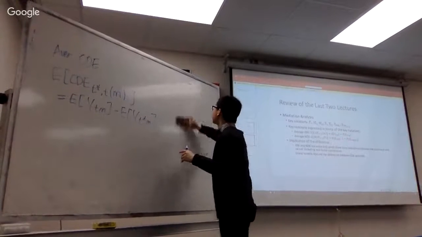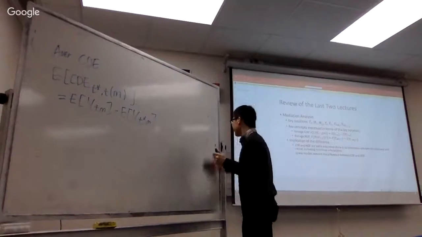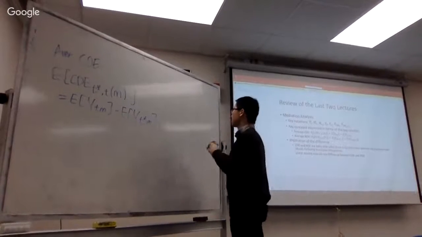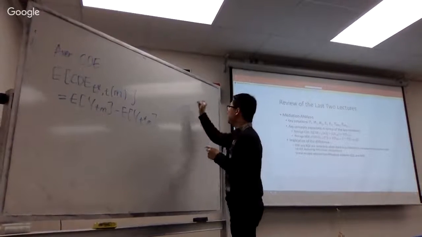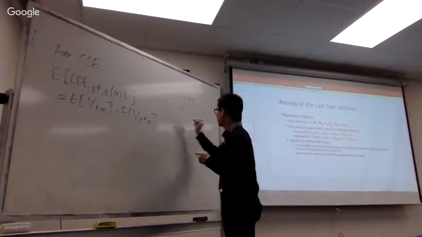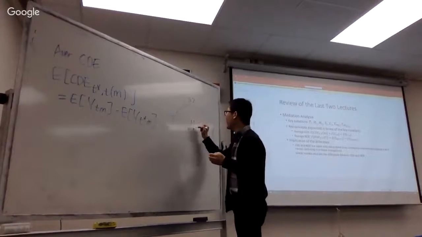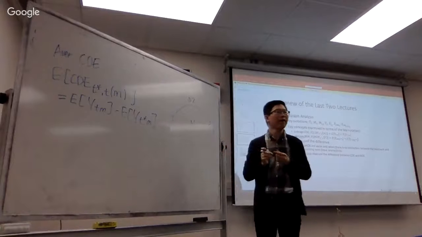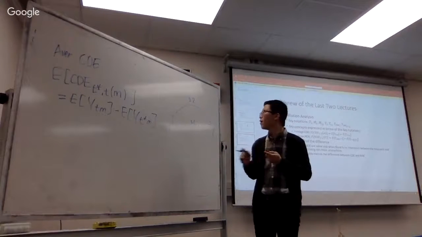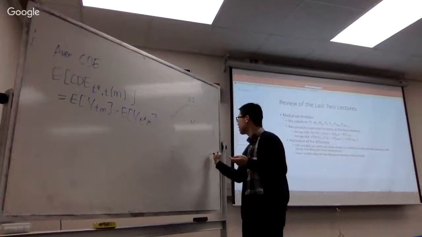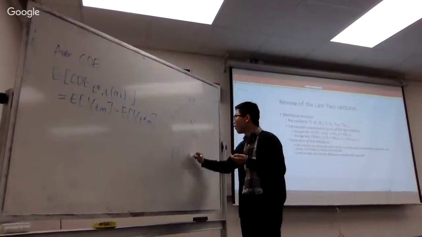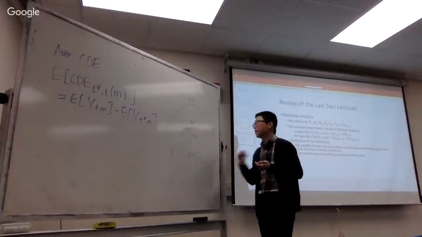I will explain it in more detail, but you are basically saying that this could be 0.2 when m is 1, and this could be 0.4 when m is 2.